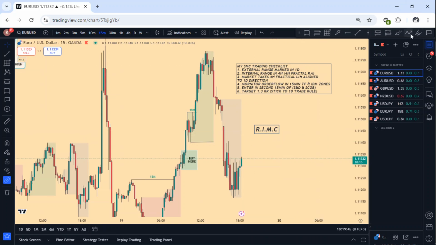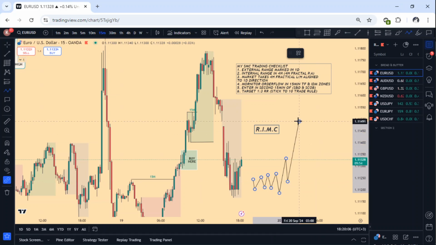The price starts from ranging. This is the R, and then it goes into initiation, and then it will mitigate, M, and then it will continue.